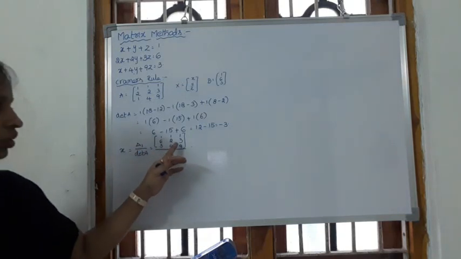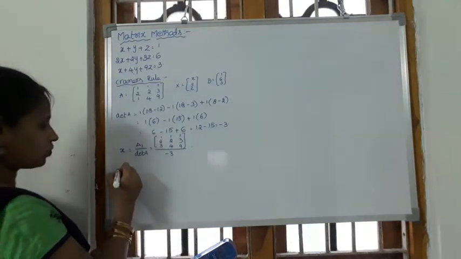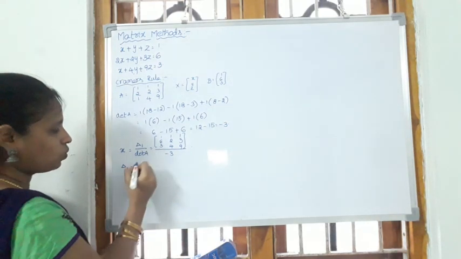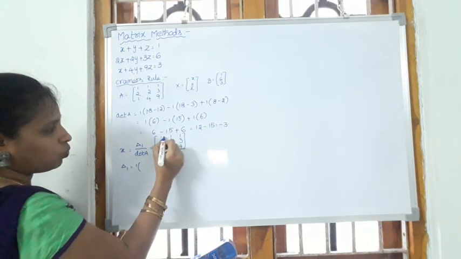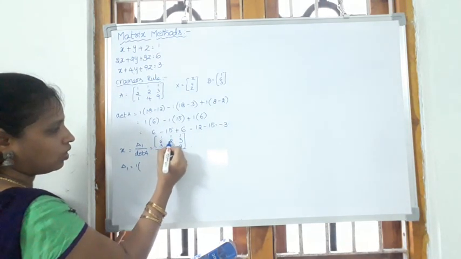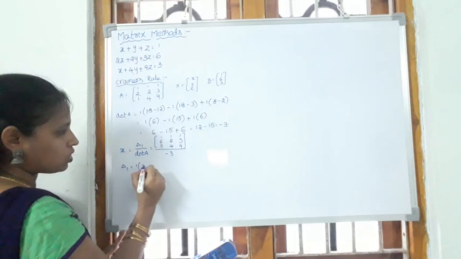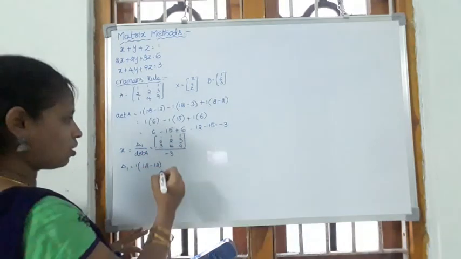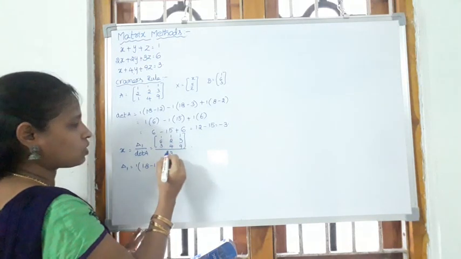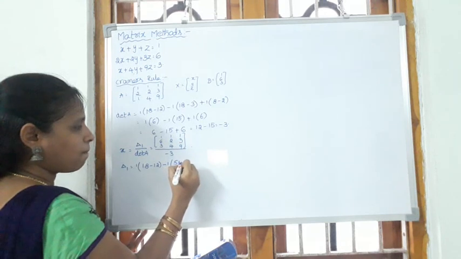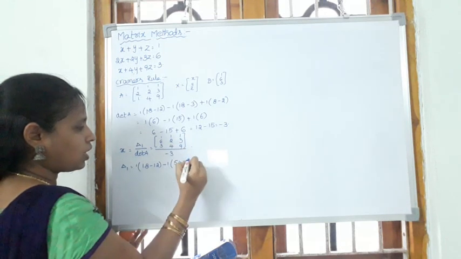Again, we find the determinant of delta 1. So delta 1 is equal to 1 of, remove this row and this column to get 9, 2, 3, 4, 9. The determinant of these 4 elements is 18 minus 12. Now the second element has a minus symbol, minus 1 of, remove this row and this column to get 54 minus 3, 3 nines are 9.